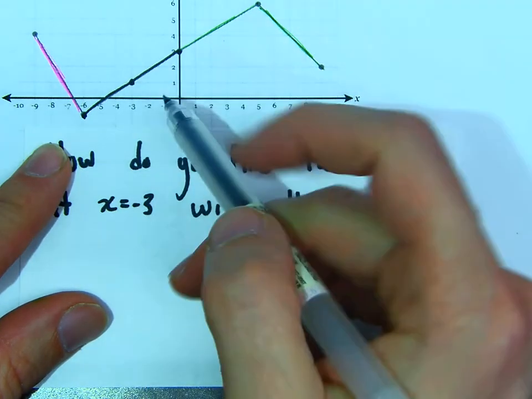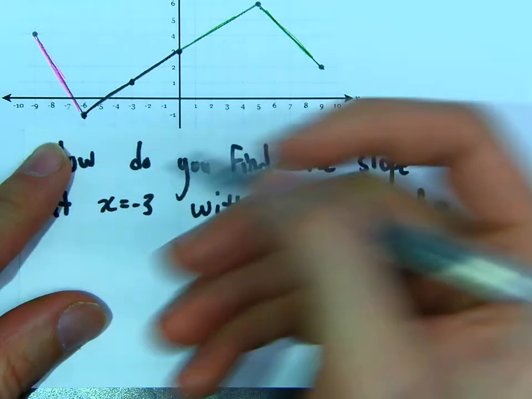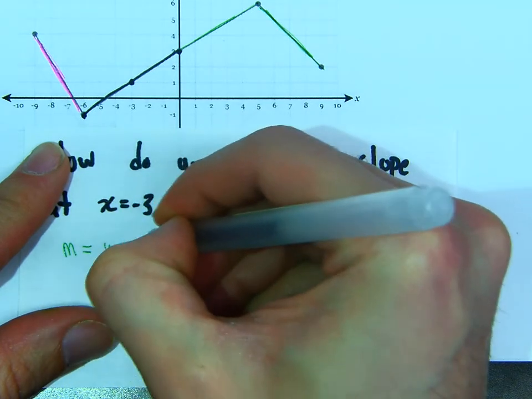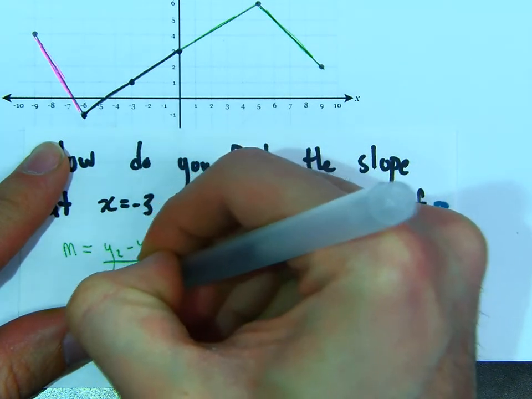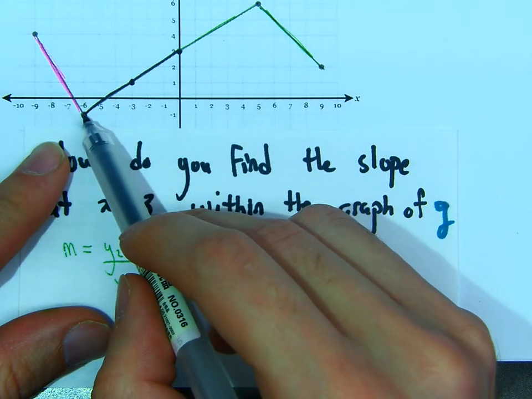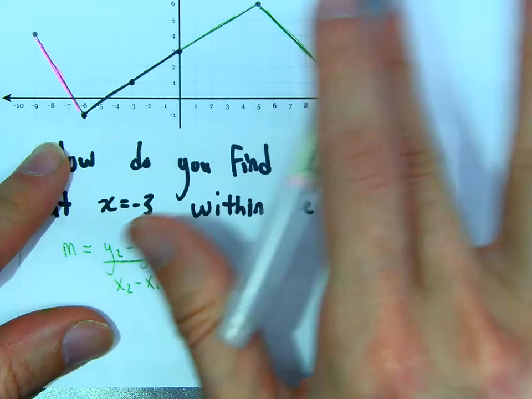So then how do you find the slope of a line? How do you find the slope, right? M is equal to y sub 2 minus y sub 1 over x sub 2 minus x sub 1. The idea is, pick 2 points anywhere on this line. It doesn't matter what the 2 points are.